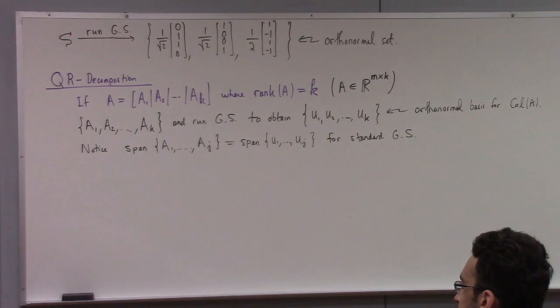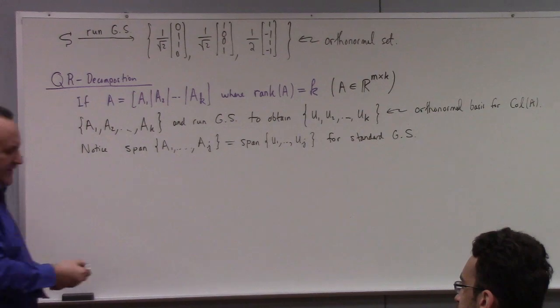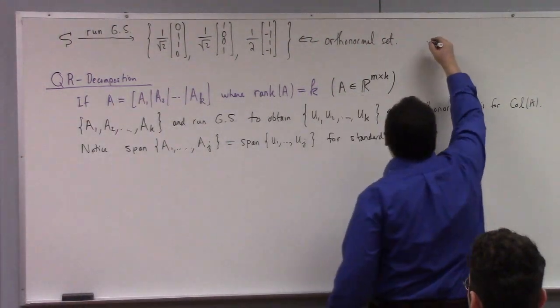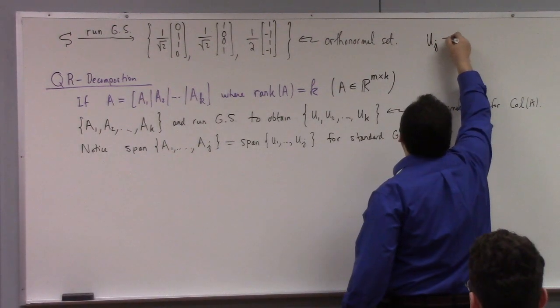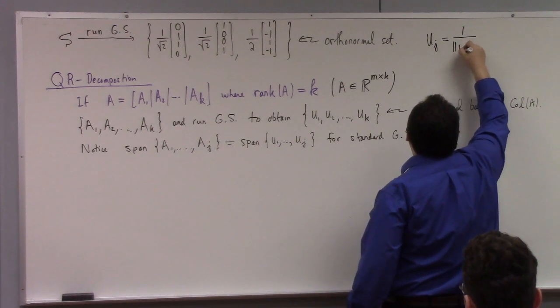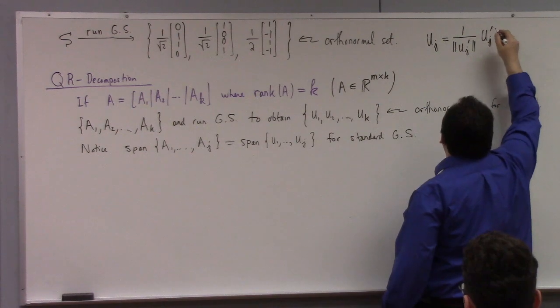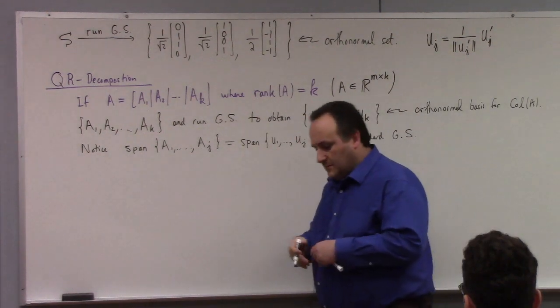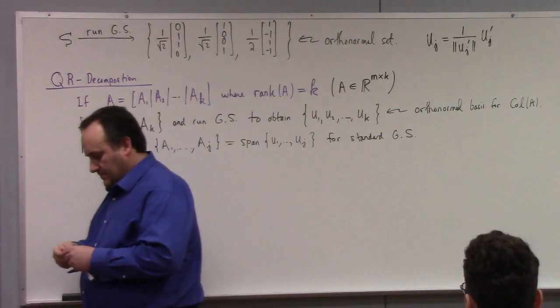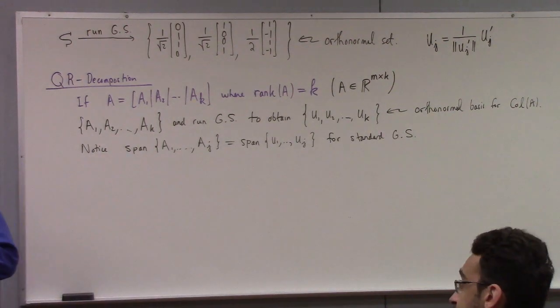Notice that U1, my notation here, just to be clear, guys, U sub j is equal to 1 over the length of U sub j prime times U sub j prime. So it's just the normalized U sub j prime. Yeah?